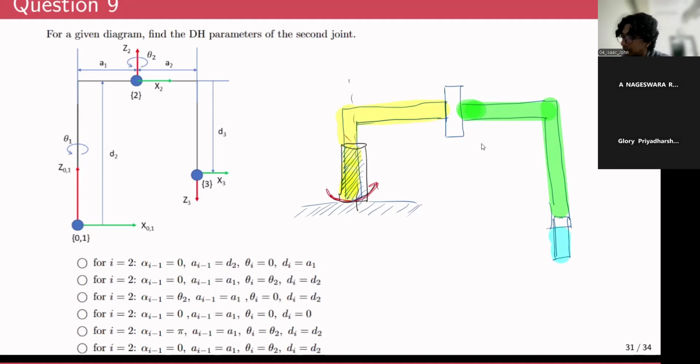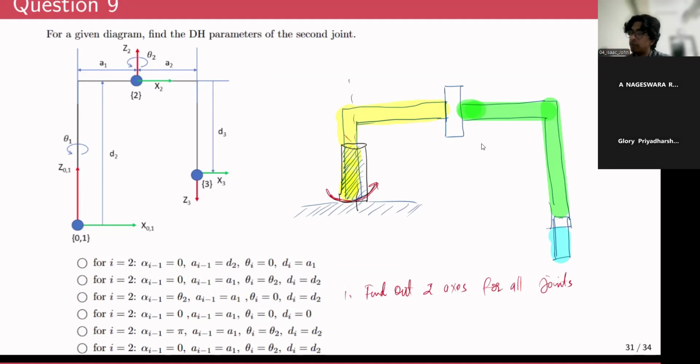So the first step for the DH method is to find out the z-axis for all joints.